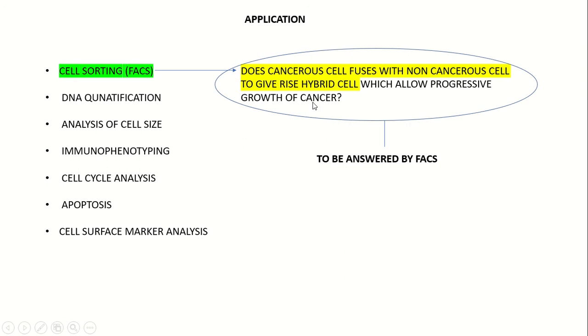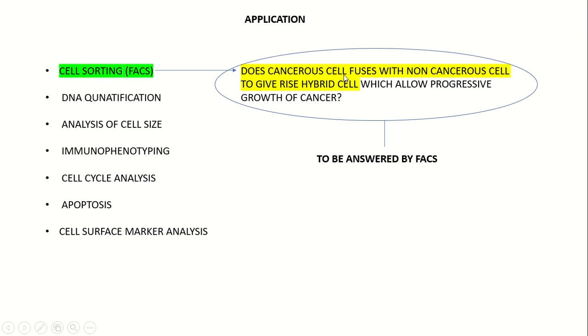In that paper they tried to answer the possibility of a cancerous cell fusing with a non-cancerous cell. They tried to give reasons why they are sure that a cancerous cell can fuse with a non-cancerous cell.